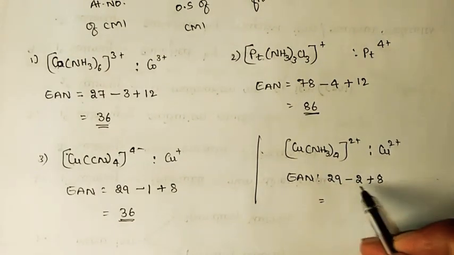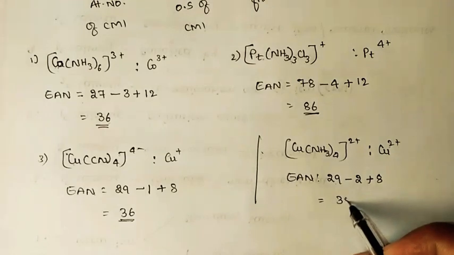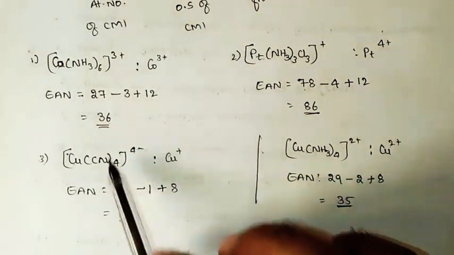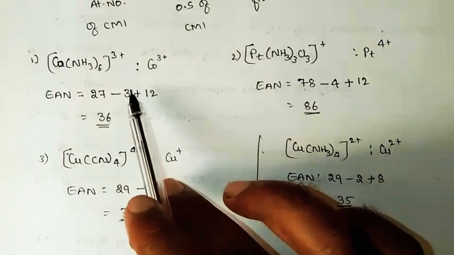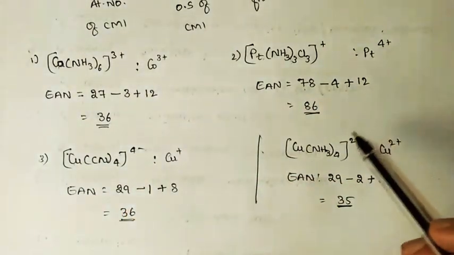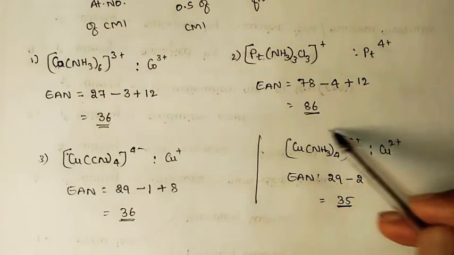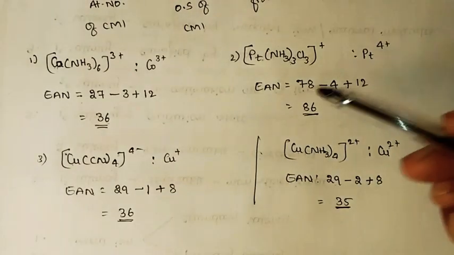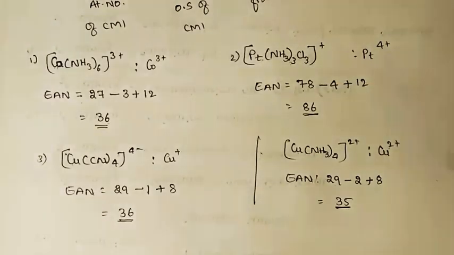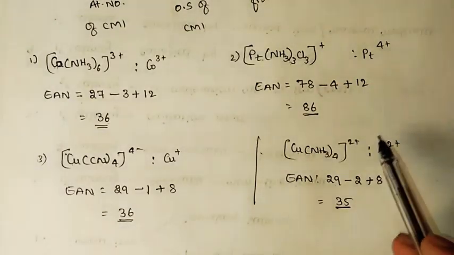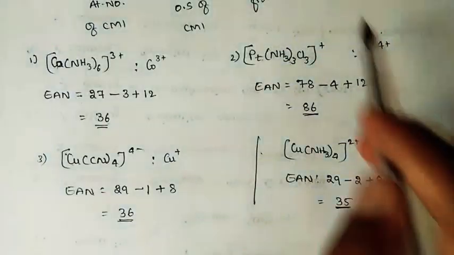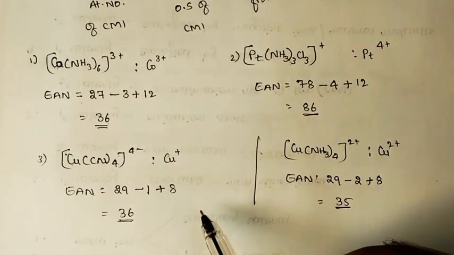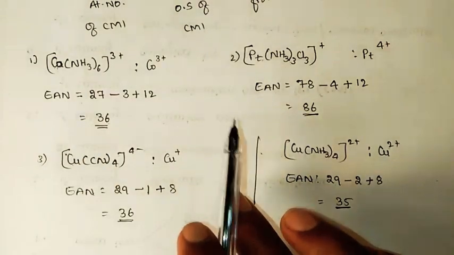So 29 plus 8 minus 2, I am getting 35, which is short of 1 electron from the atomic number of krypton. So as per the EAN rule, it's not supposed to be stable, but still this complex is very much stable. The reasons are many, so all those things we shall discuss in the upcoming topics. And that's about the effective atomic number, that's about today's video.